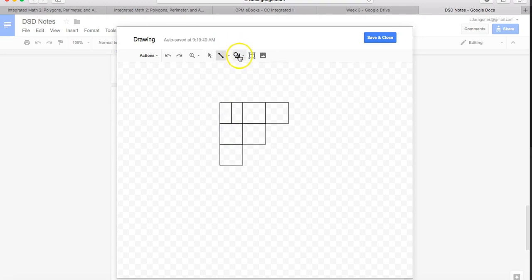Okay, I'm going to just do this. So now instead of being 3 by 3s, I get tiles that are 4 by 4s.